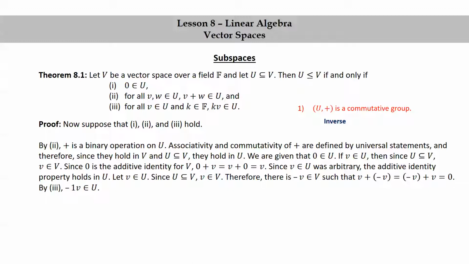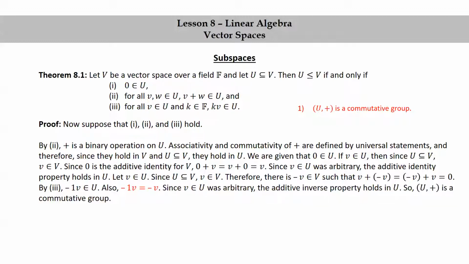By 3, negative 1 times V is in U. Also, negative 1 times V is equal to negative V. This is something that you should check if you have not done so already. Since V in U is arbitrary, the additive inverse property holds in U. So U together with addition is a commutative group.